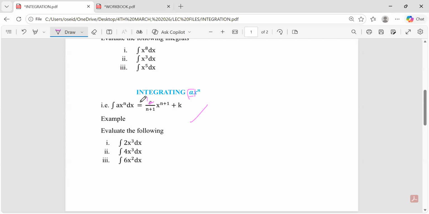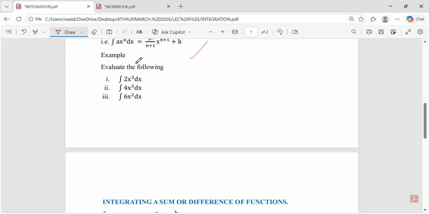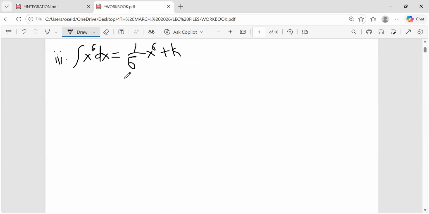So the first example that we're talking about is integral 2x cubed dx.